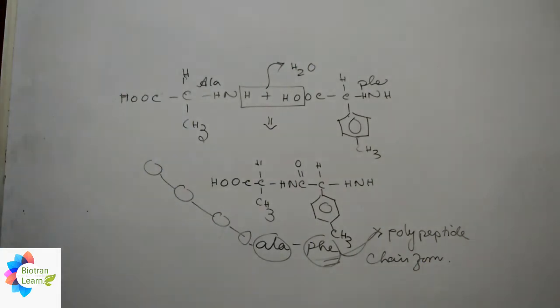So this was all about the translation and the polypeptide chain formation reaction, right? Okay, so we will move on to the human genome project next. Write down all these diagrams and have a good time.